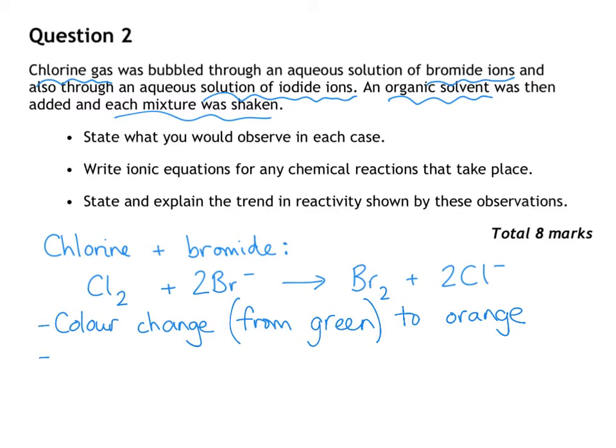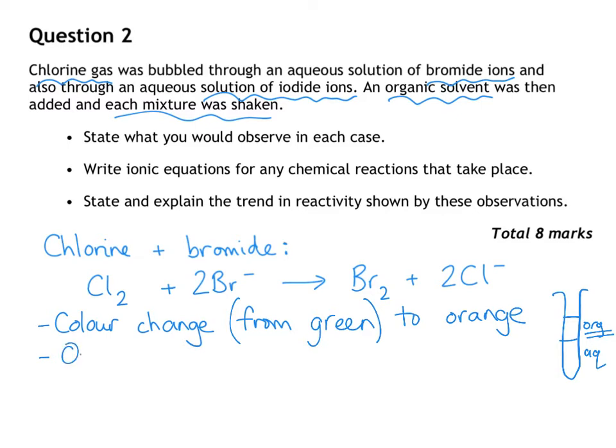And then when I add the organic solvent, when you add this in a test tube, you get 2 layers formed. The aqueous layer goes on the bottom, as it's more dense, and the organic layer on the top. When we say organic we're talking about something like hexane or cyclohexane. Either way, it's a non-polar solvent. Halogens are really soluble in non-polar solvent, which means that the coloured substance, the halogen, will go into the organic layer.